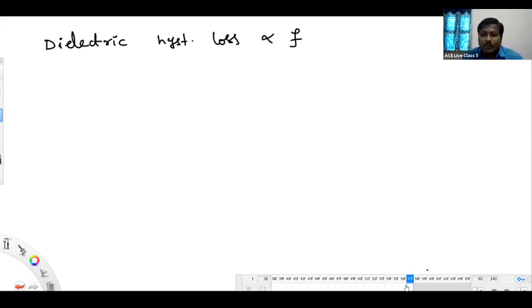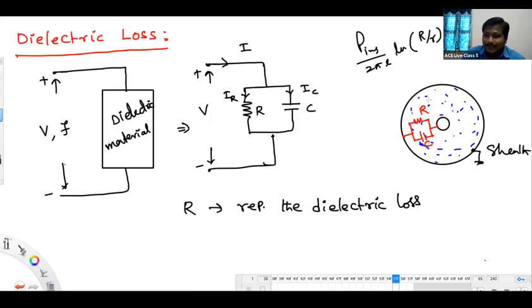Okay, let's move back. Listen here. In this dielectric material equivalent circuit representation, I have two resistors. One is a resistor representing the hysteresis loss, RH. RH is representing the hysteresis loss component, and there is a general body resistance, the so-called R insulation.